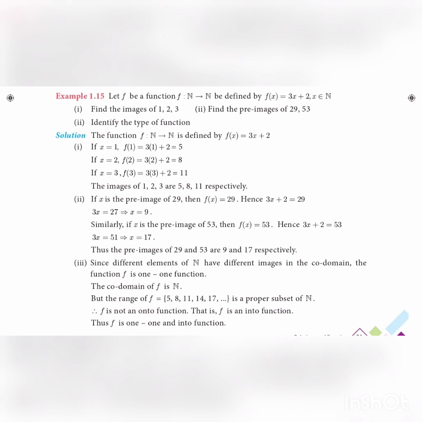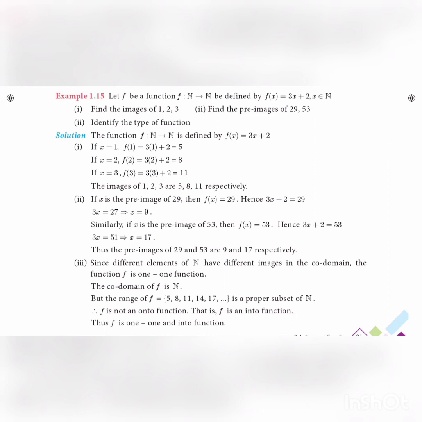The third subdivision is to identify the type of function. Here, f is a function from natural numbers to natural numbers, and f of x is also given. We have to first find images for 1 to 3, second, pre-images for 29 and 53, and third, identify the type of the function.